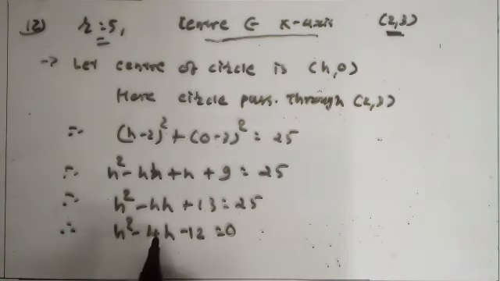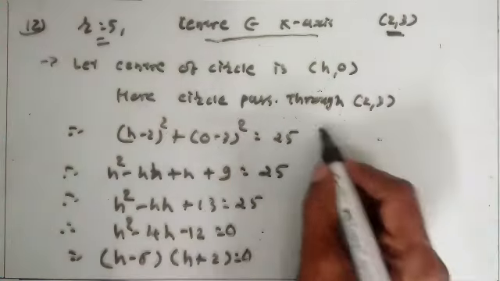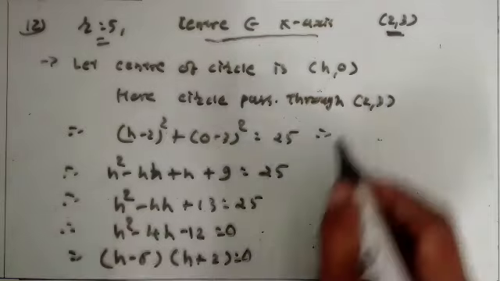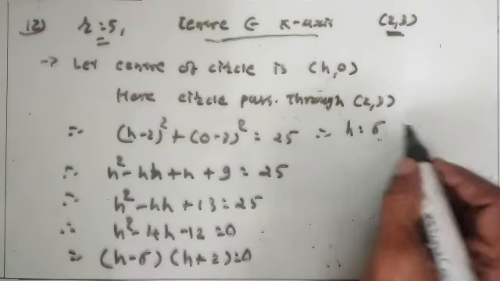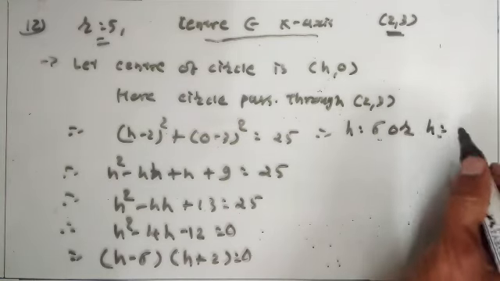Factoring, we get (h minus 6) into (h plus 2) is equal to 0. Therefore h is equal to 6 or h is equal to minus 2.